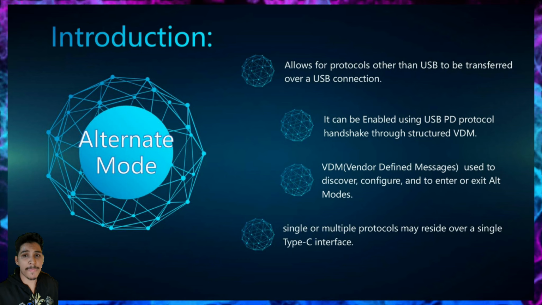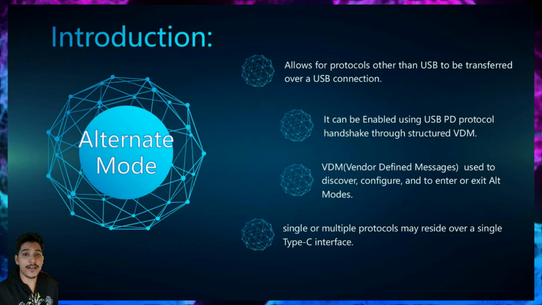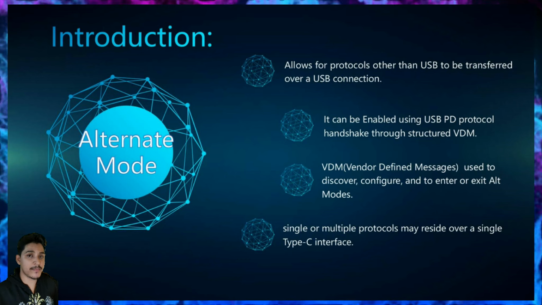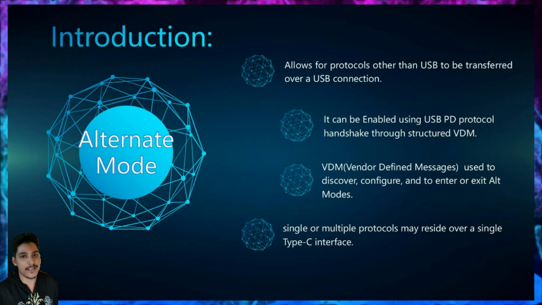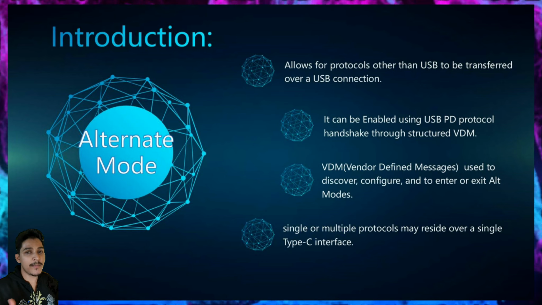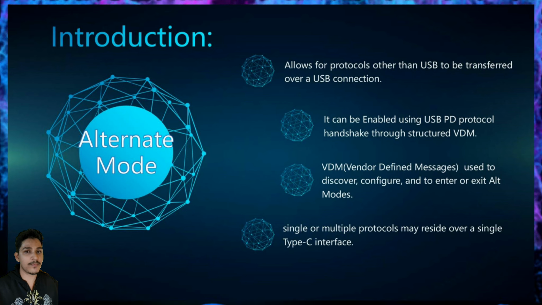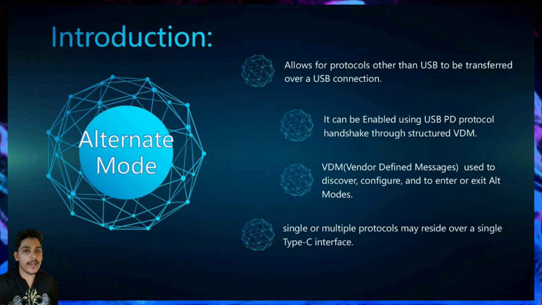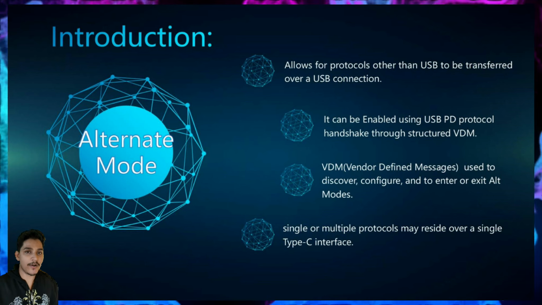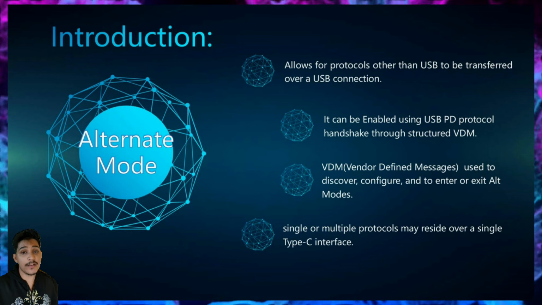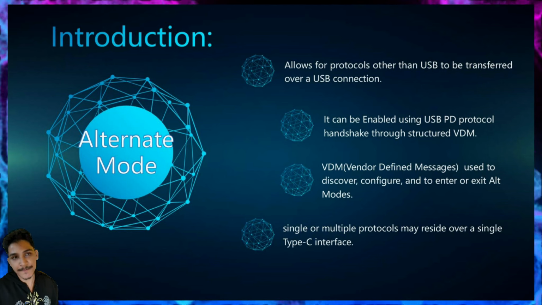There's another thing: the older USB standards were only meant to transmit 5 volt. According to those standards, we are only meant to transfer 5 volt, and any charger providing more than 5 volt is violating the standards. But with the help of PD, we are transmitting voltages above 5 volt.